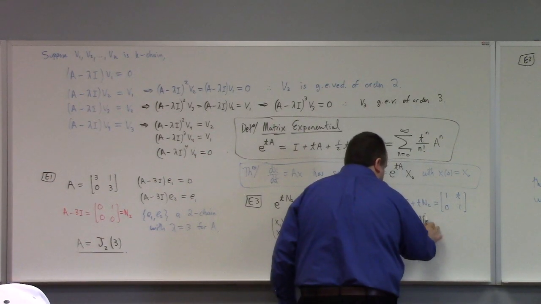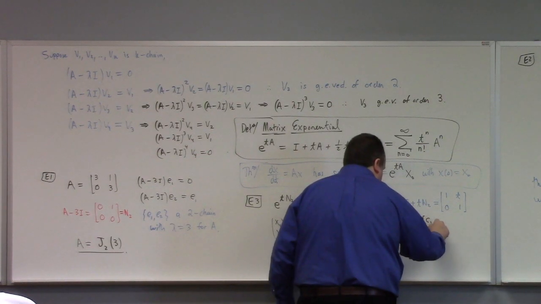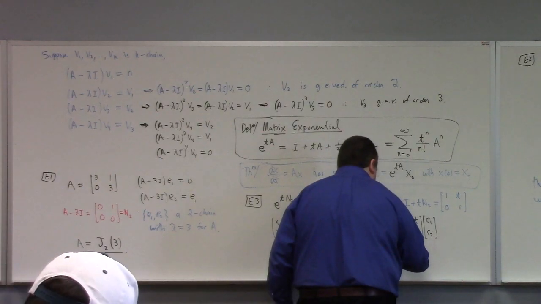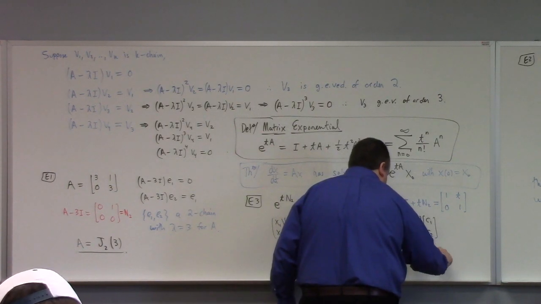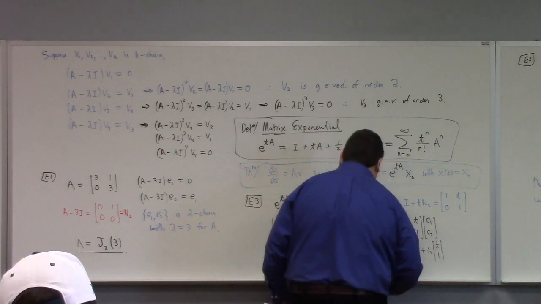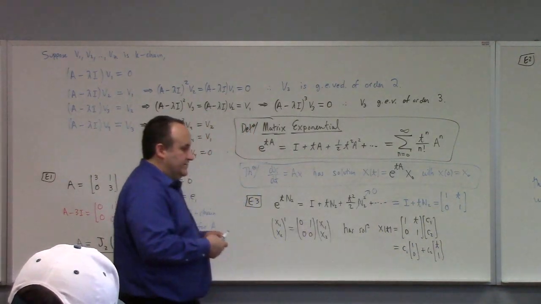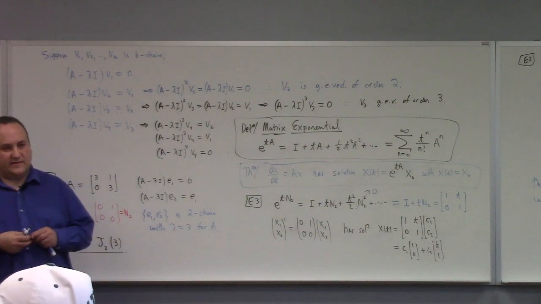Let me just call it C1, C2 for lack of imagination. So your general solution is C1 times 1, 0 plus C2 times t, 1. That would be the general solution to this differential equation via the matrix exponential.